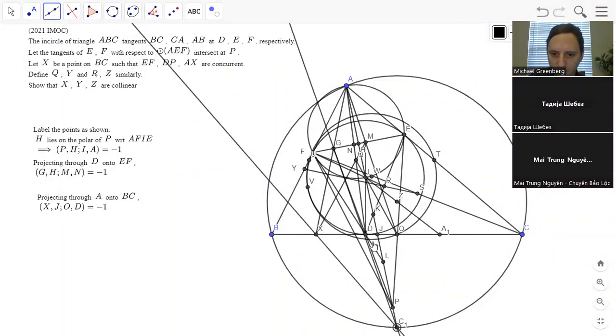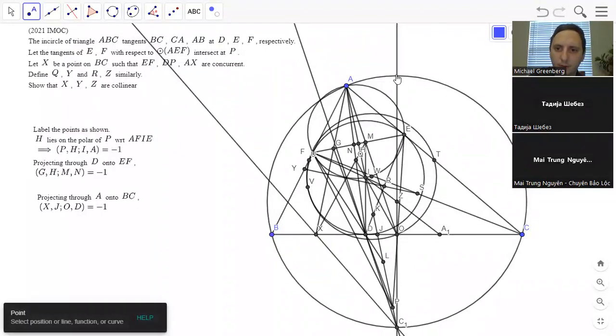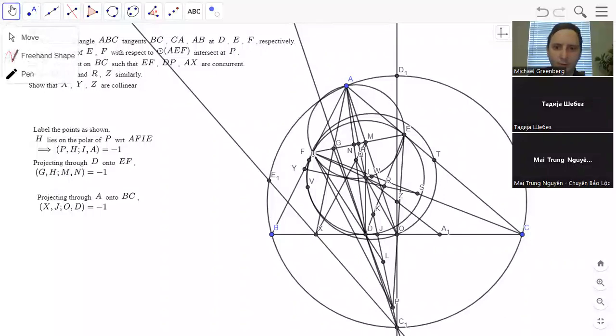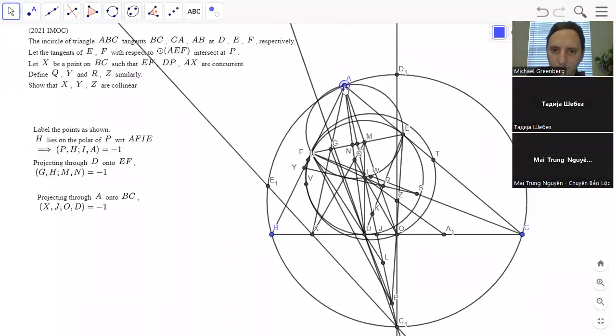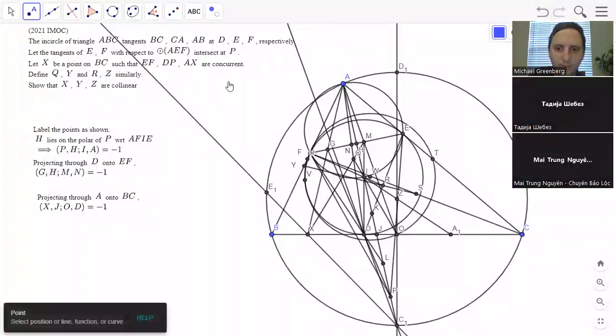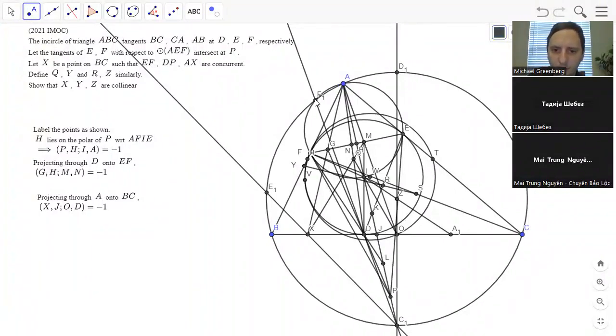So this goes to the midpoint of this arc. And then this, I'm not sure where it goes, but it looks like these concur. These lines are so close together. I would not have thought.